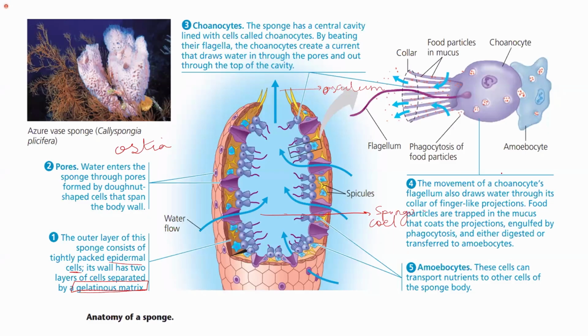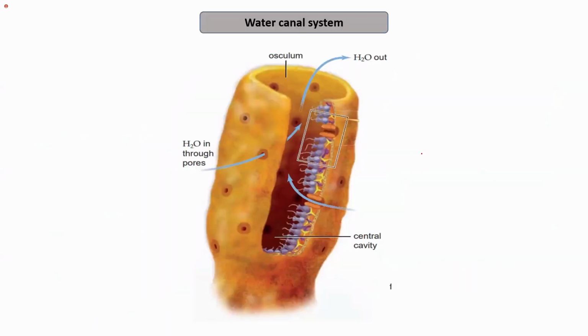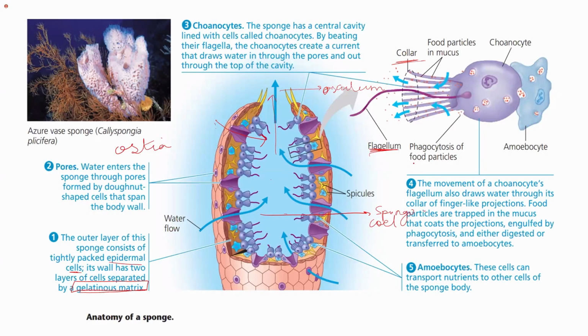So this is the large structure of the choanocytes. The choanocytes, or collar cells, have a collar-like structure which has a flagellum. This flagellum beats and allows the water to move inside the body. Also, these cells help in the phagocytosis of the food particles present along with the water.